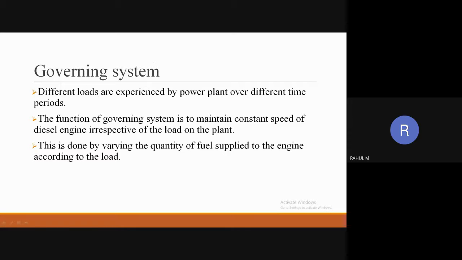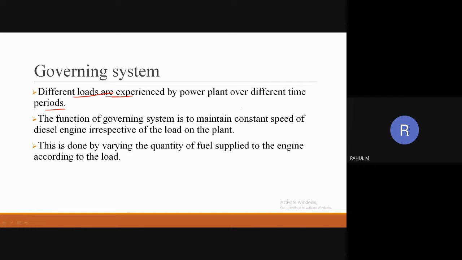The governing system is important because different loads are experienced by a power plant over different time periods. For example, in the evening after work time, when the appliances in our homes and kitchens are switched on, and also in summer nights, you require a high peak load. So at high load times you require a high supply of power, right? At peak time the system will experience a different load.